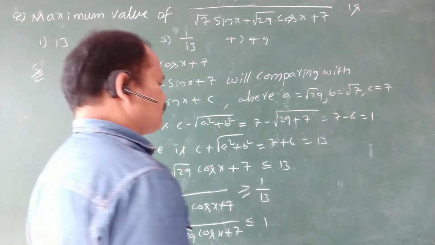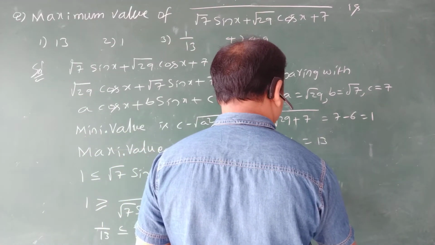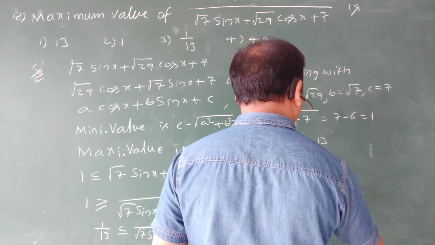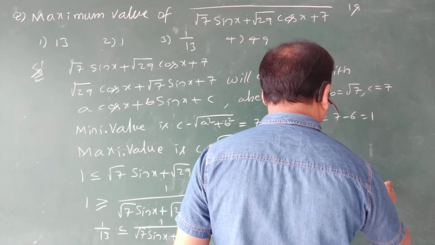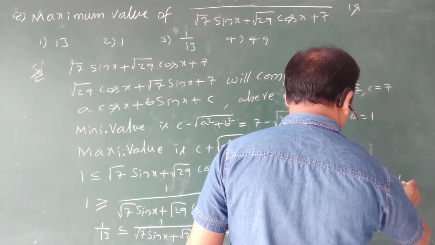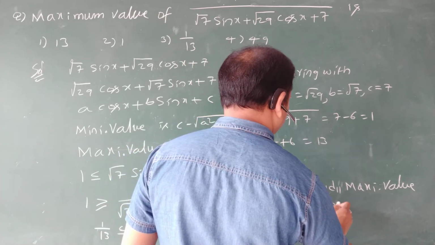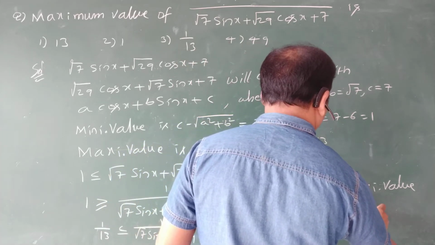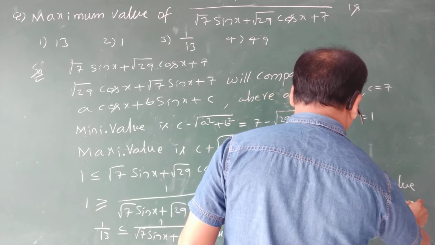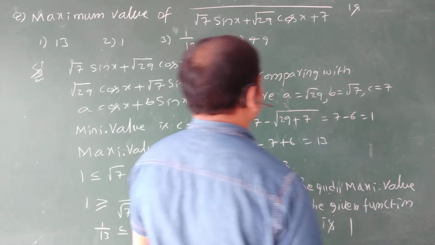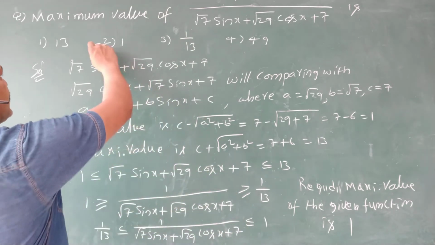Now we require the maximum value of the given function. The maximum value of the given function is 1. That's why it is the second option.